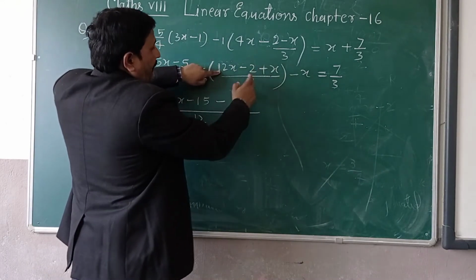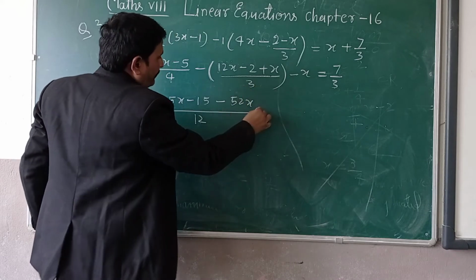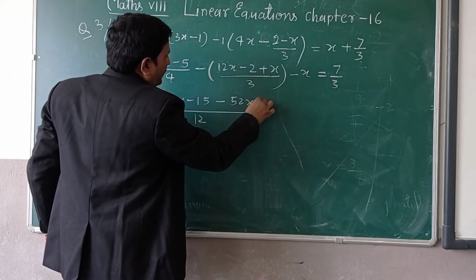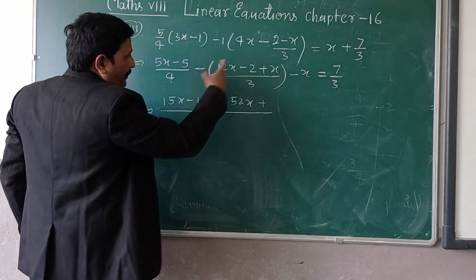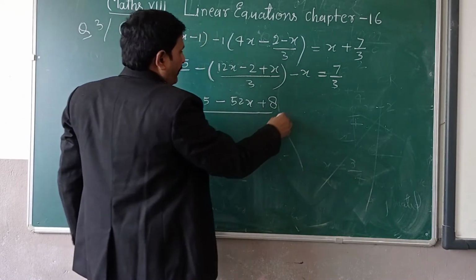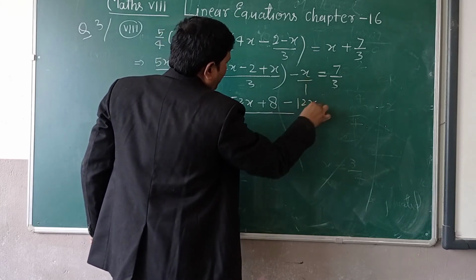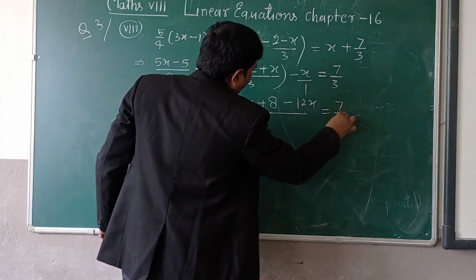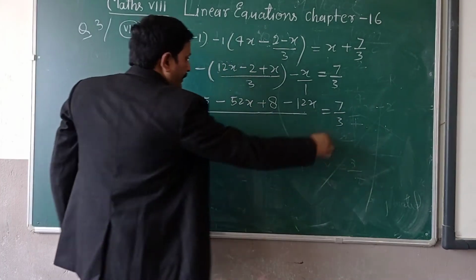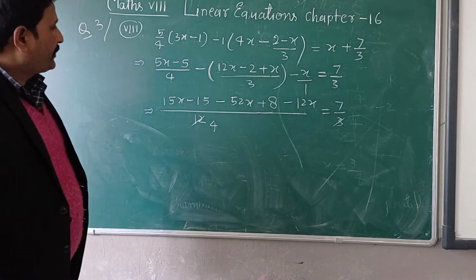Here 13x times 4 is 52x, minus into minus plus 3 4s are 12, 4 2s are 8, and 7 by 3, 3 4s are 12, 7 times 4 is 28. Now simplify.